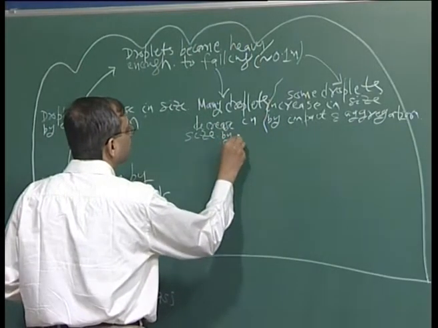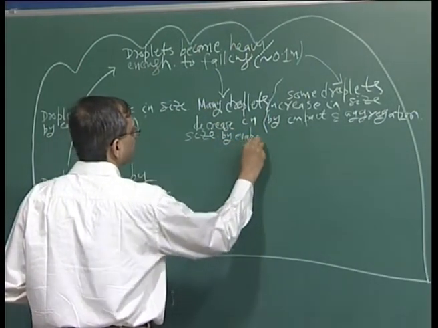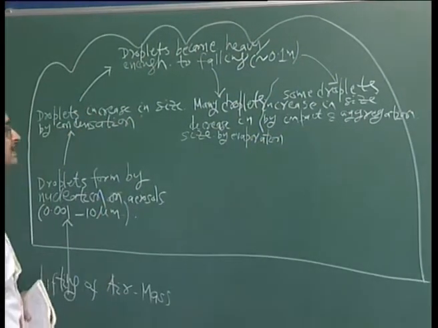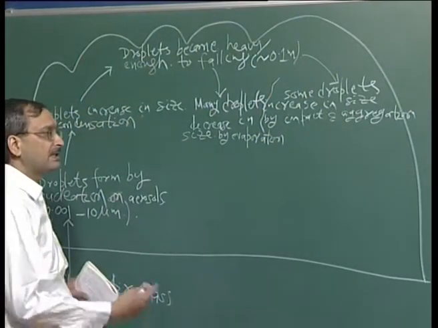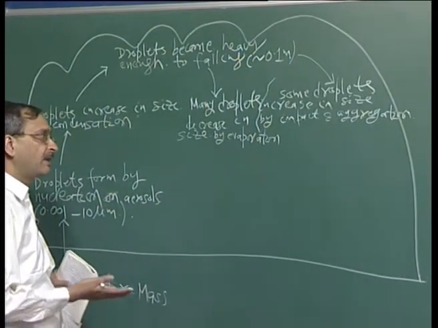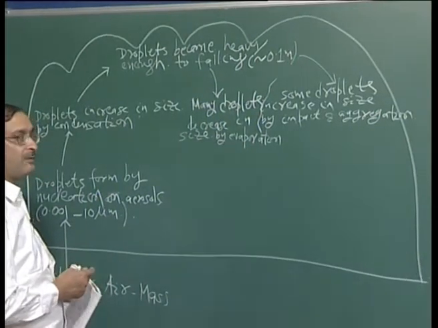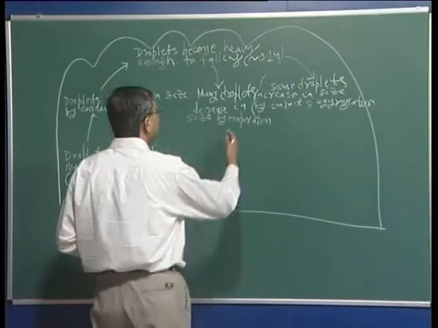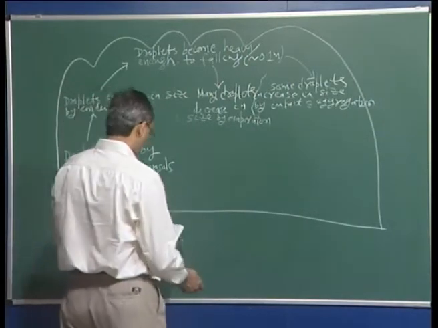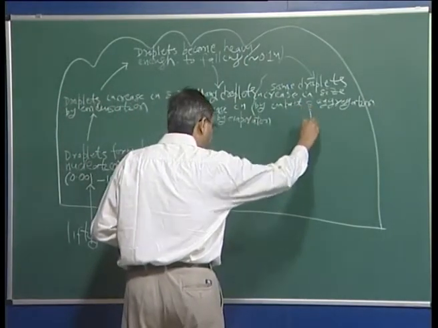By evaporation. Within the cloud you see that there is a lot of activity taking place: there is condensation, and at the same time some of the drops may get evaporated back into water vapor form, and the size of these drops will then become smaller.